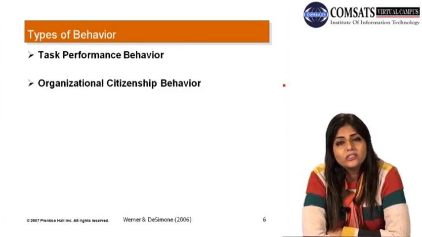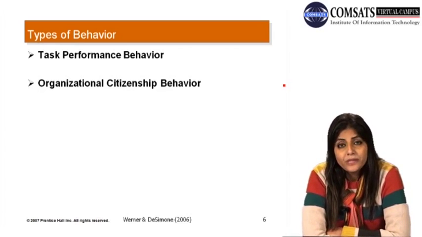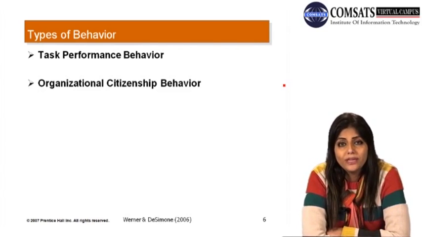And the organizational citizenship behavior is the extra role effort that is exerted by the individual, right? So the task performance is the in-role behavior, and organizational citizenship behavior is the extra role behavior.